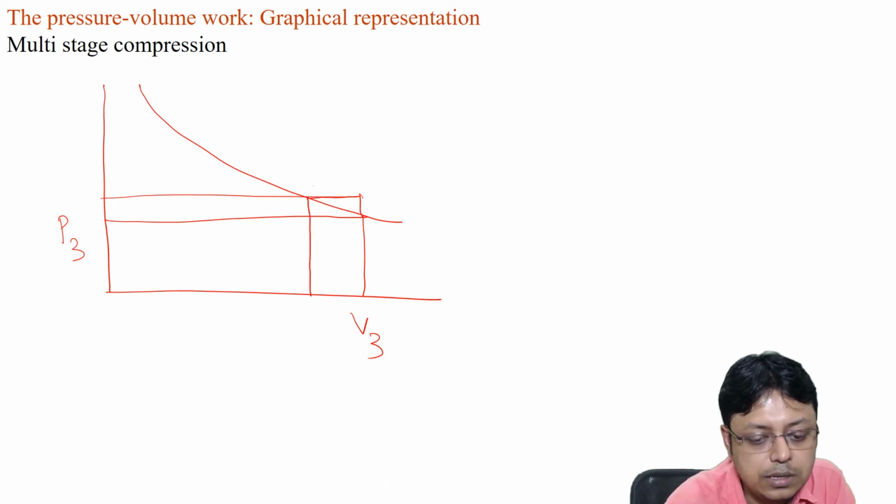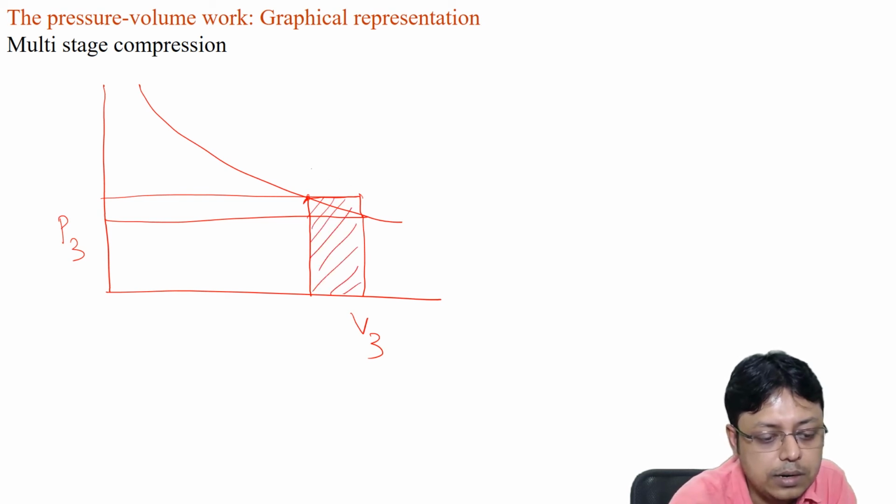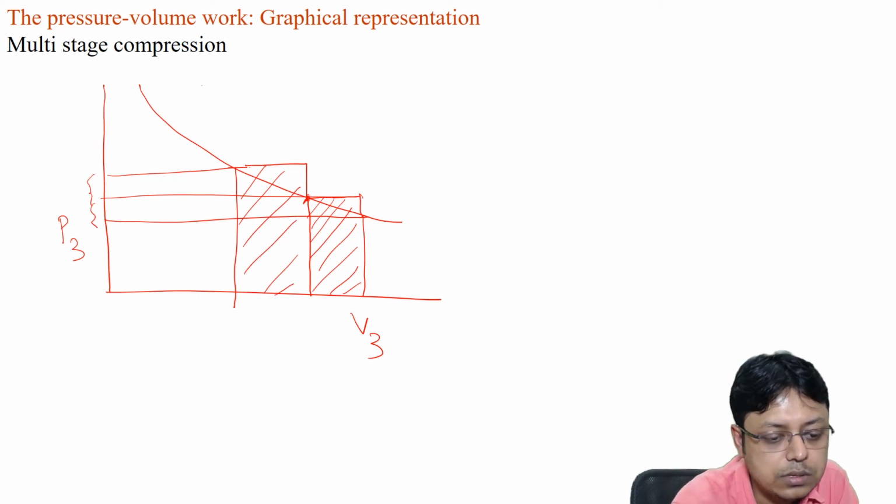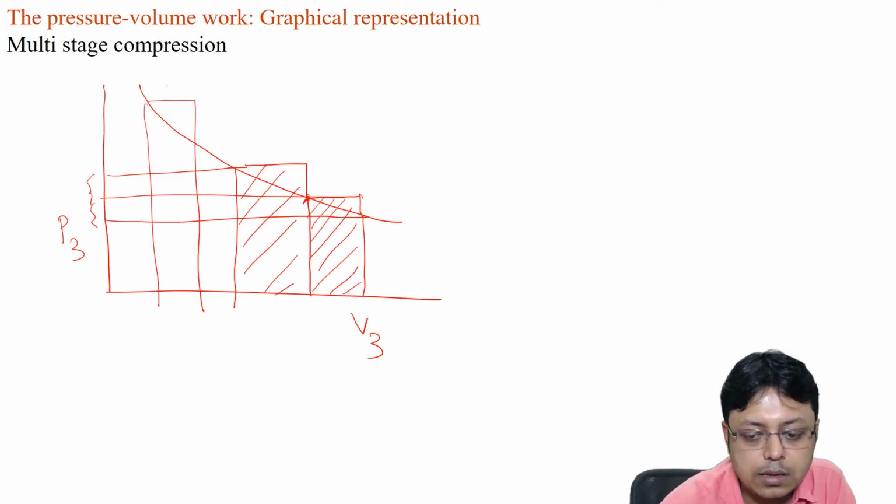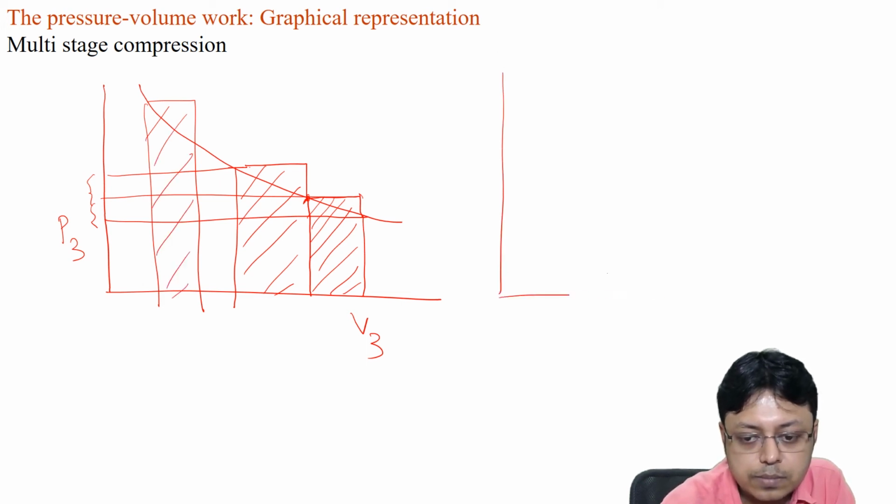So the compression in the first step will be like this. Compression in the second step, if we increase the pressure this much in the second step, will be like this. So the work done will be a summation over all these areas, and if we reduce the size of the steps, it will look something like this.